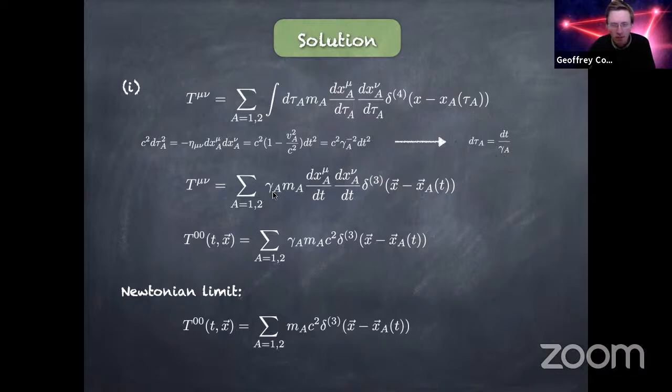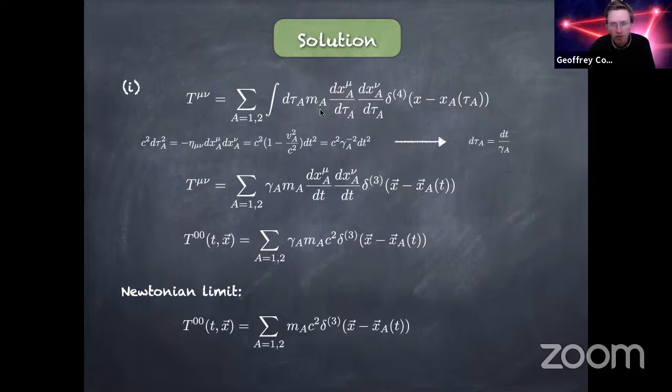So here's the relativistic expression. Then we can integrate over the time because we have this delta function here. Now we replace d tau by dt, and we have a delta of t. So we just replace it.